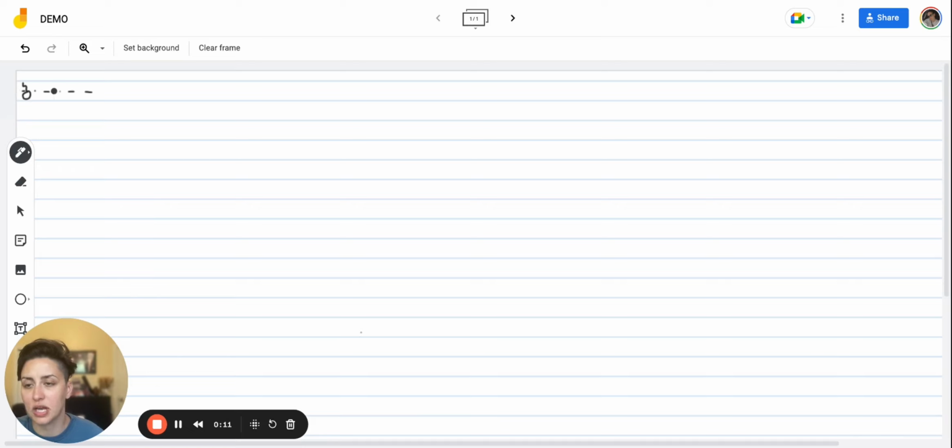The circle is underneath the imaginary line. And the imaginary line, I don't know if I mentioned, is right in the center of these two real lines. So I like to make a little stick and then a hook, and then a circle. So this is what letter B looks like.